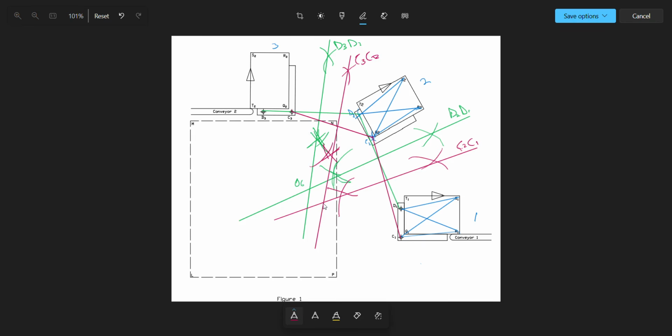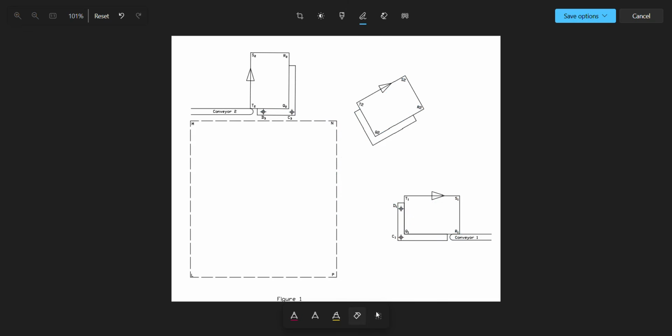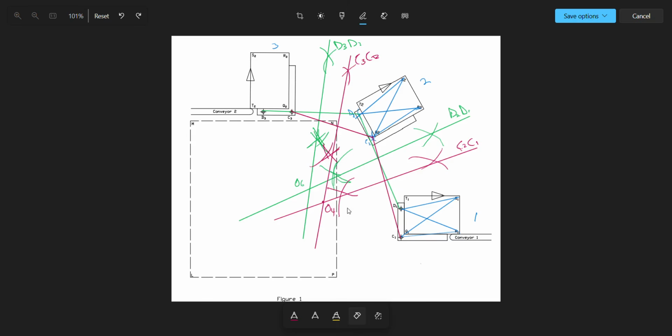And so now you label the point where they meet O4, as in the question. So now we've gotten the pivot, which is O4, and then O6.